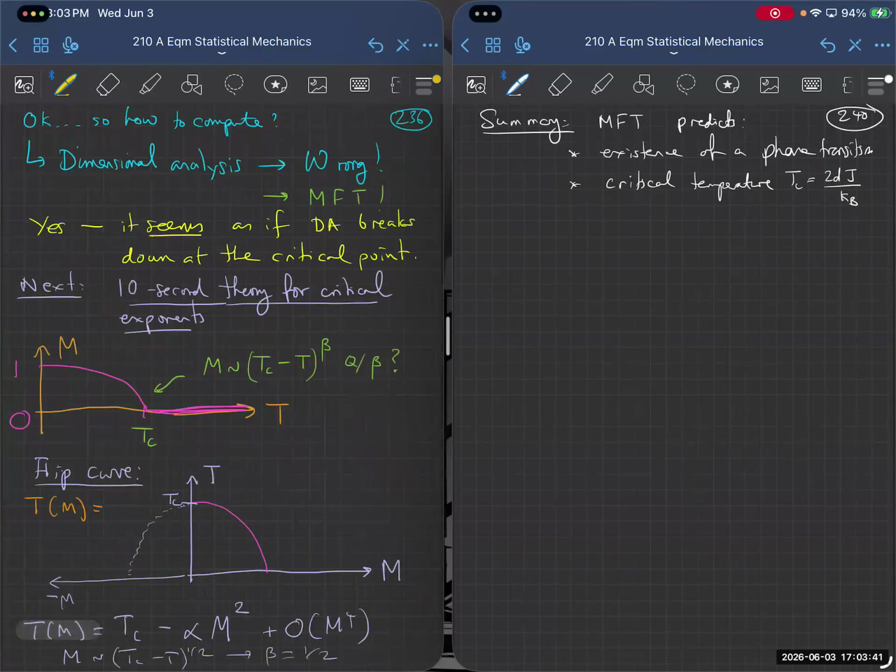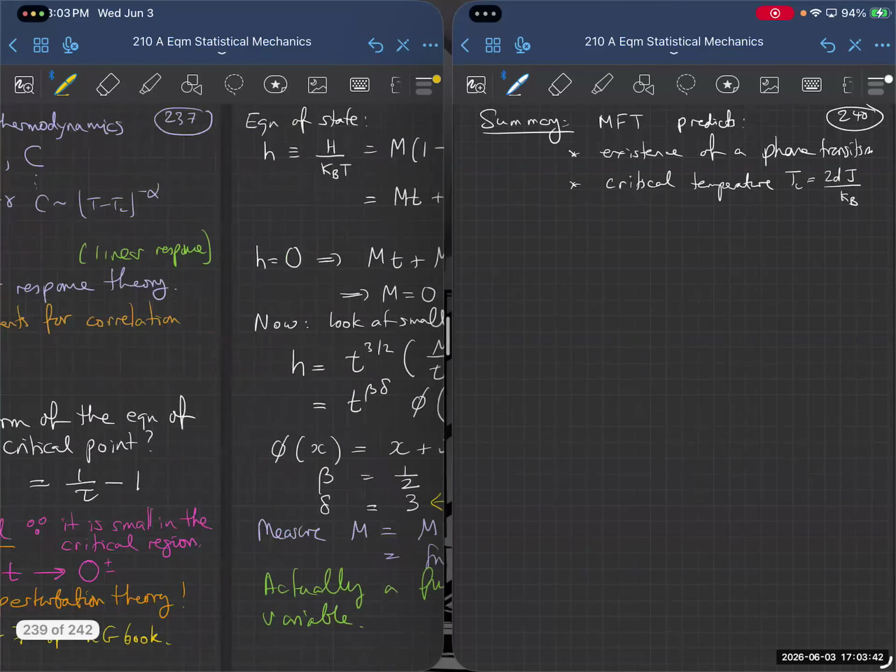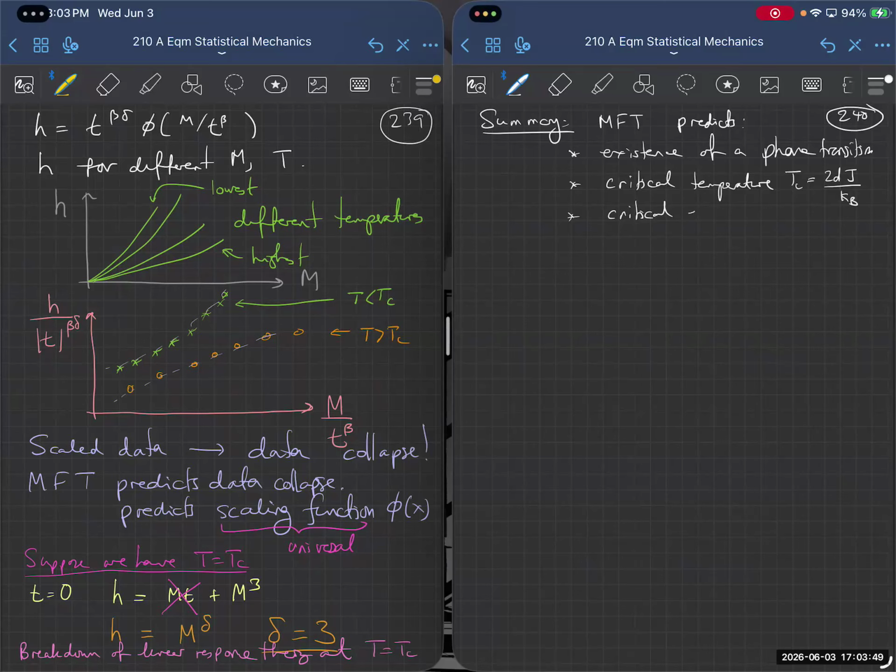It predicts critical exponents. It predicts scaling functions. It predicts universality in its various forms. And what else? And it predicts data collapse.